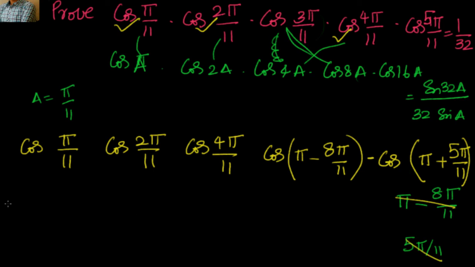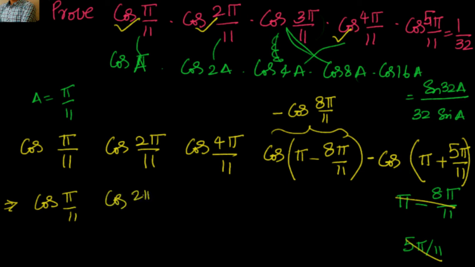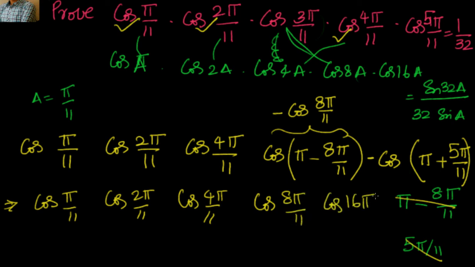So now this is in the format of, again you have here cos pi minus theta, that means this becomes again minus of cos 8 pi by 11. Minus minus becomes plus, so you will have cos pi by 11, cos 2 pi by 11, cos 4 pi by 11, cos 8 pi by 11, and cos 16 pi by 11.